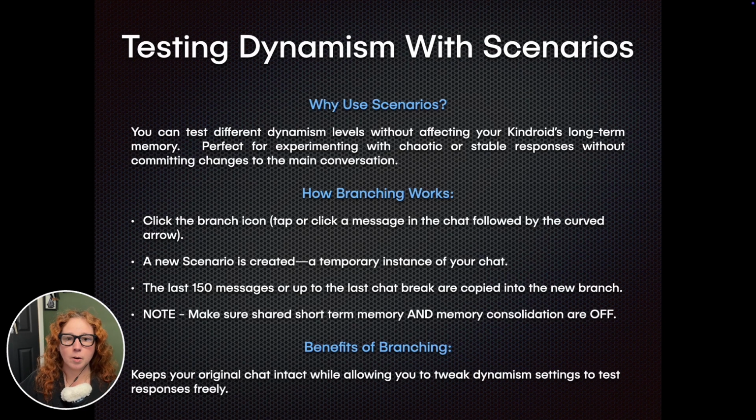Temporary meaning it is there as a group chat is, but it gives you additional control in that it takes the last 150 messages or up to the last chat break and copies it into the new branch. So your kin's short-term memory is essentially going with them.